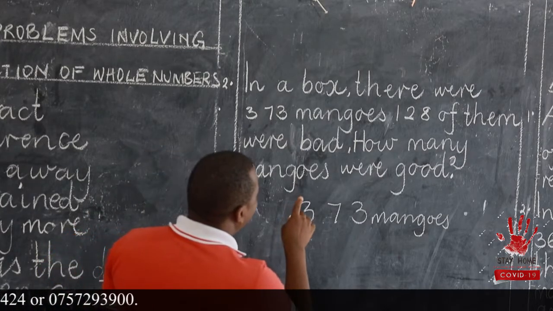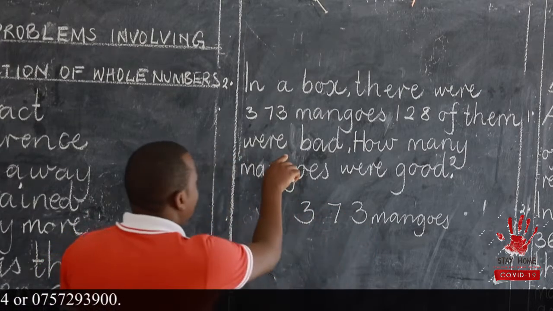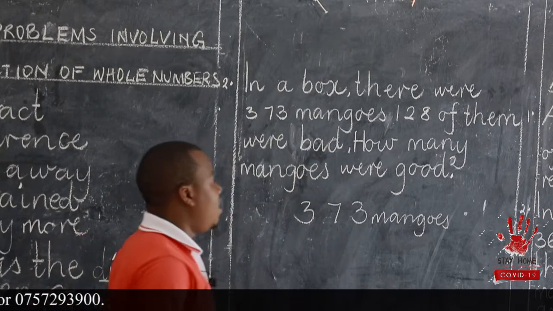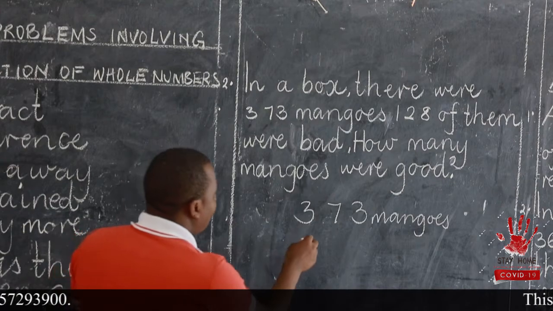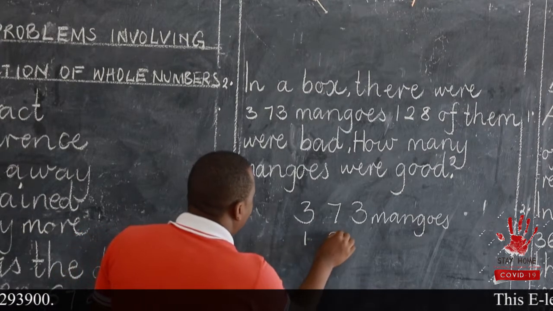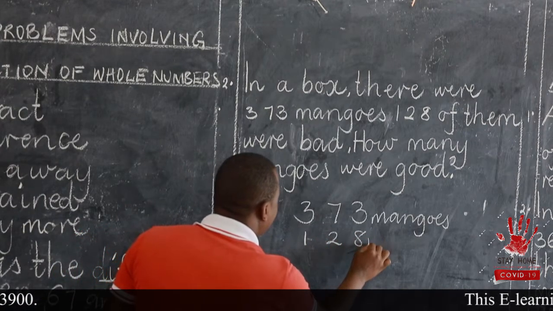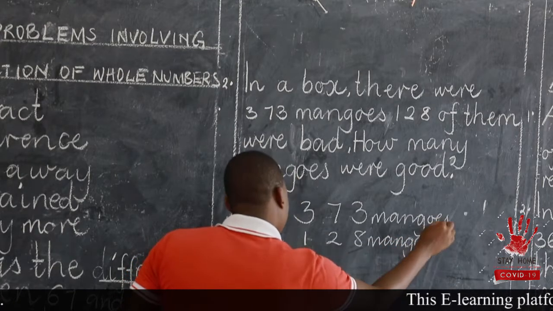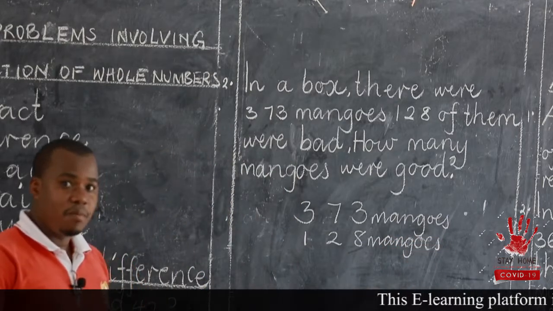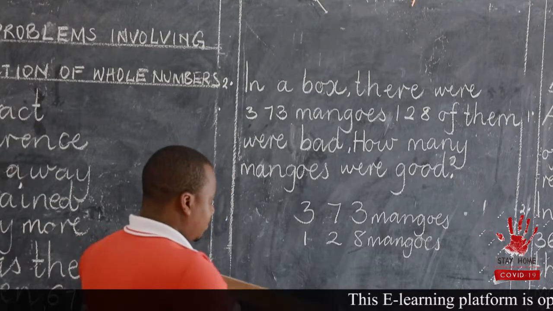Then I come and say how many were bad? 128 were bad. How many were good? So I'm going to have take away 128 and also has mangoes. The numbers that have units, you must make sure you maintain the units.